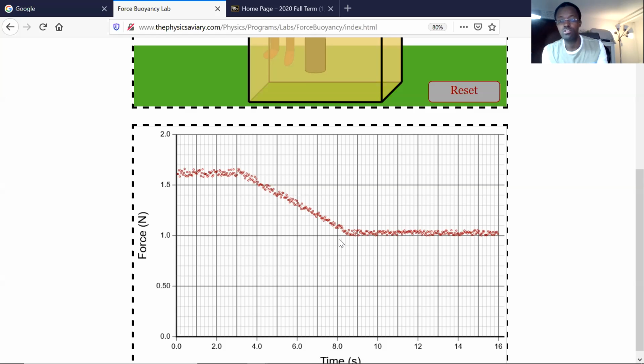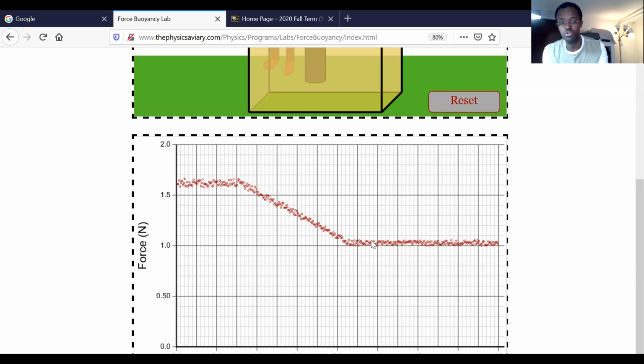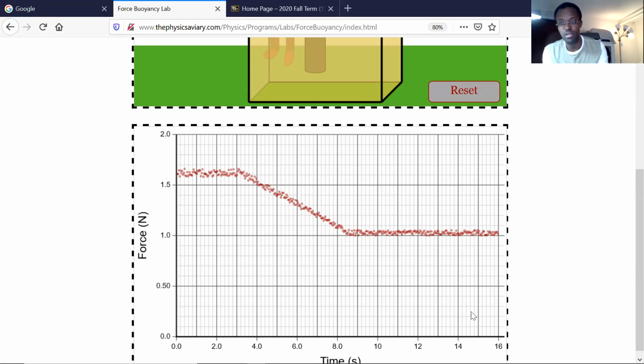Anybody? What's the buoyant force at second 16? It's the difference between the two, 1.6 minus 1, because buoyant force is the actual weight minus the apparent weight, and 1.6 minus 1 is 0.6. So the buoyant force is 0.6 on the moon.